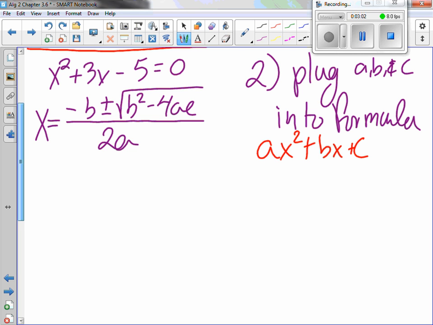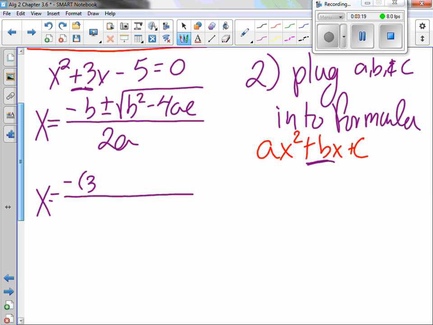So looking at this equation, the first thing we have is negative b. Well, what's the value of b? The value of b is positive 3, because in ax squared plus bx plus c, the value in the b spot for this equation is 3.